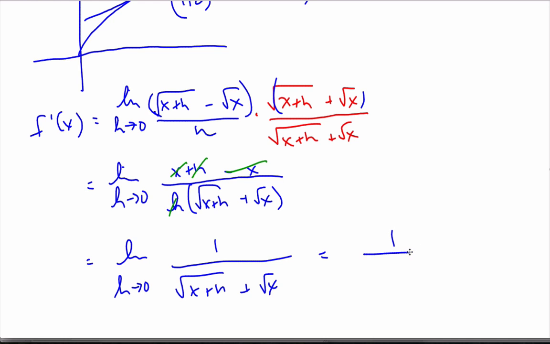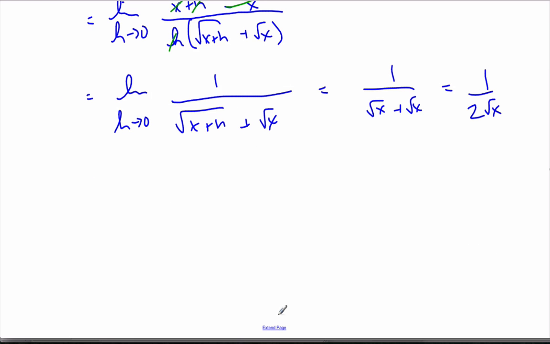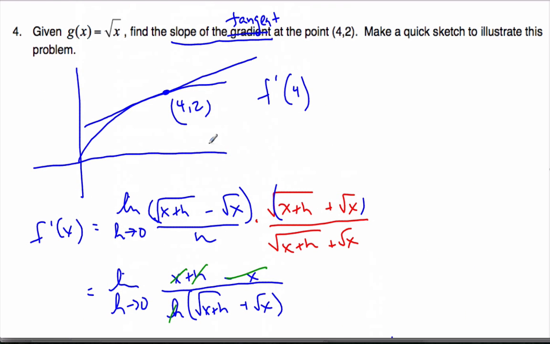I have 1 over root x plus root x, which is 1 over 2 root x. That's the derivative. I want to find the derivative at 4. I plug in 4. It's 1 over 2 square root of 4, which is 1 over 4. So what this means is the slope of this tangent line here is 1/4.